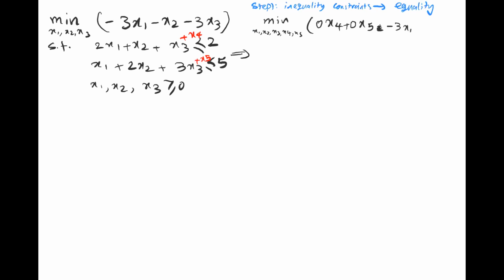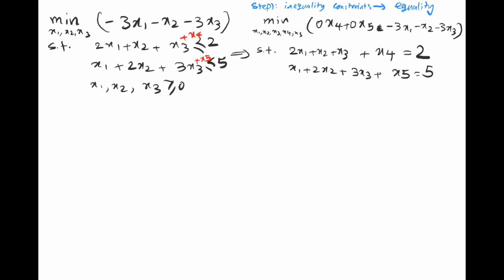Minus 3x1 minus x2 minus 3x3, subject to 2x1 + x2 + x3 + x4, which is the slack variable, is equal to 2, and x1 + 2x2 + 3x3 + x5 is equal to 5. x1, x2, x3, x4, and x5 are all positive. So what we did, we transformed these inequality constraints into equality constraints using the slack variables.